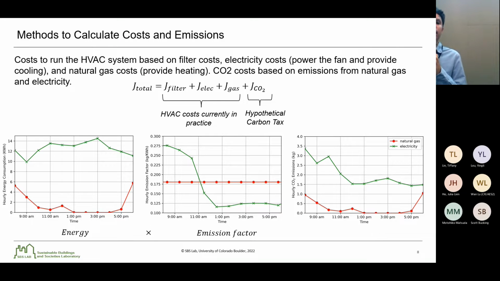For natural gas, we just have a constant emission factor that is independent of time and location. So we just assume that there's a constant emission to generate natural gas. Whereas for electricity, this emission factor is dynamic based on things like the availability of renewable energy, as well as very much dependent on location, depending on what kind of electricity sources the different locations use. Then we can multiply those two together to get our final CO2 emissions.